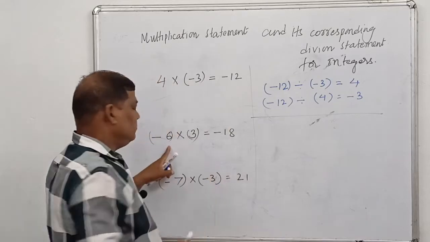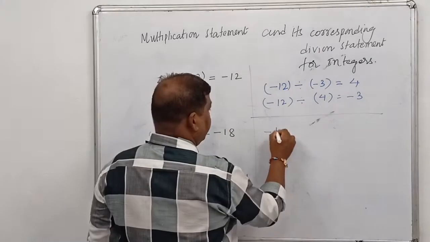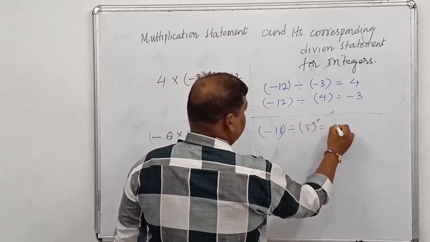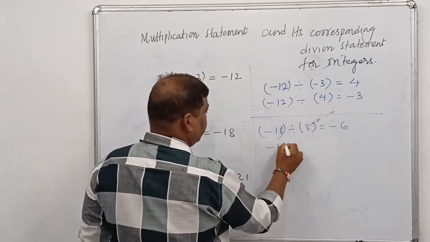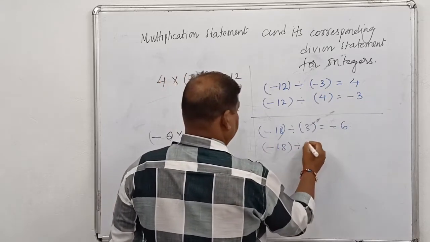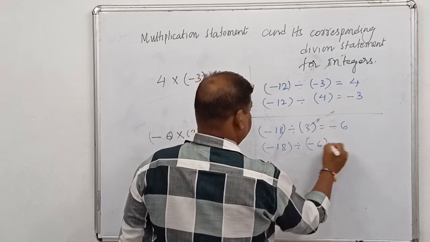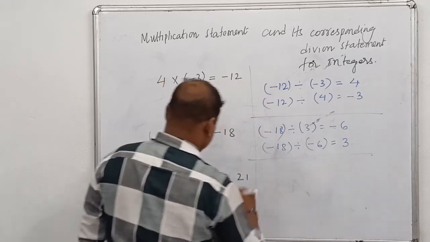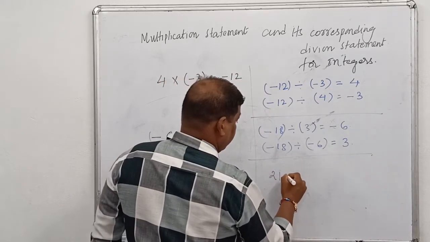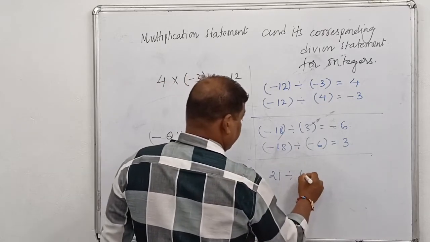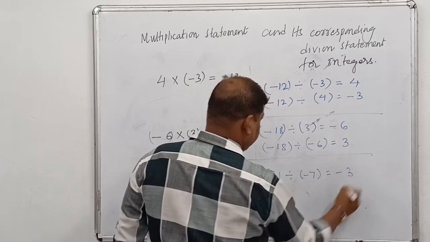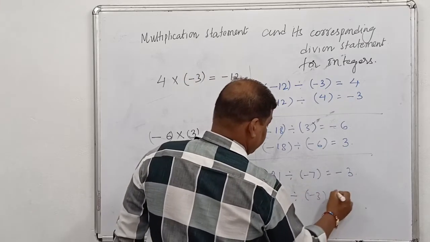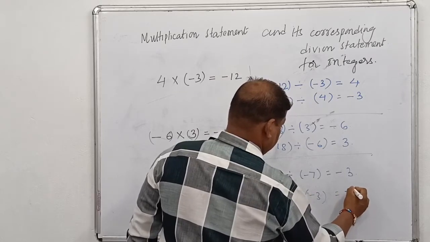Now for the second statement, minus 18 divided by 3 is minus 6. Minus 18 divided by minus 6 is equal to 3. Now for the third statement, 21 divided by minus 7 gives minus 3. Then 21 divided by minus 3 gives minus 7.